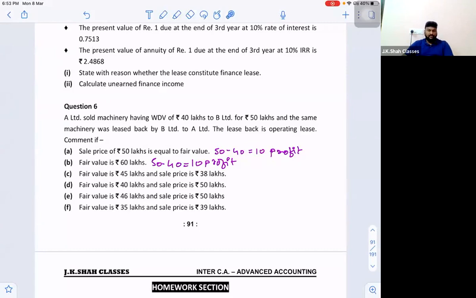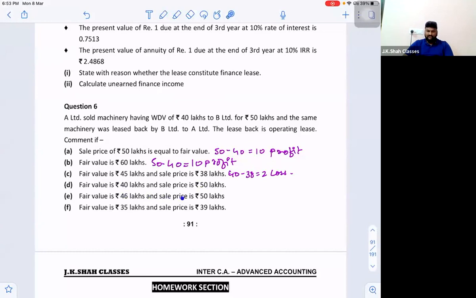Fourth point. Fair value is 40 and selling price is 50 lakhs. Now, sir, can I say in this situation, selling price is now greater than the fair value.